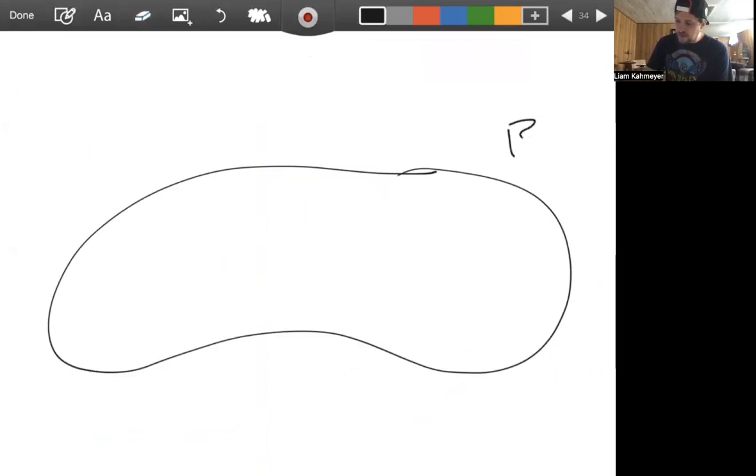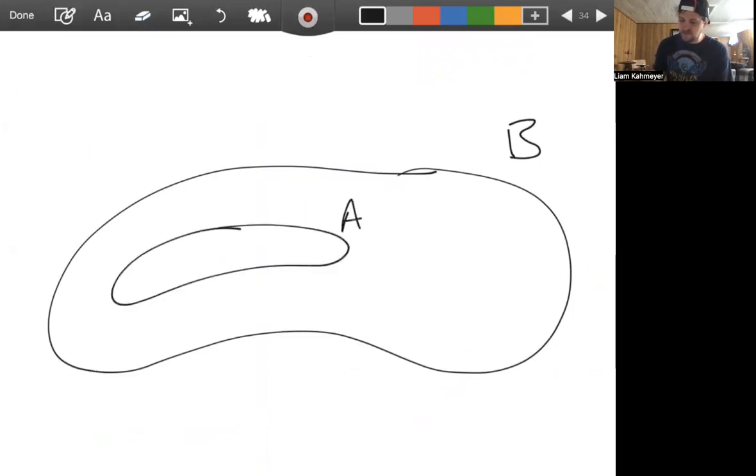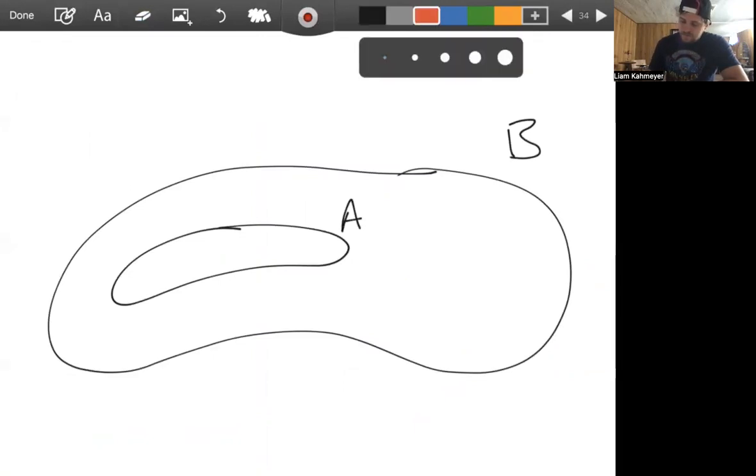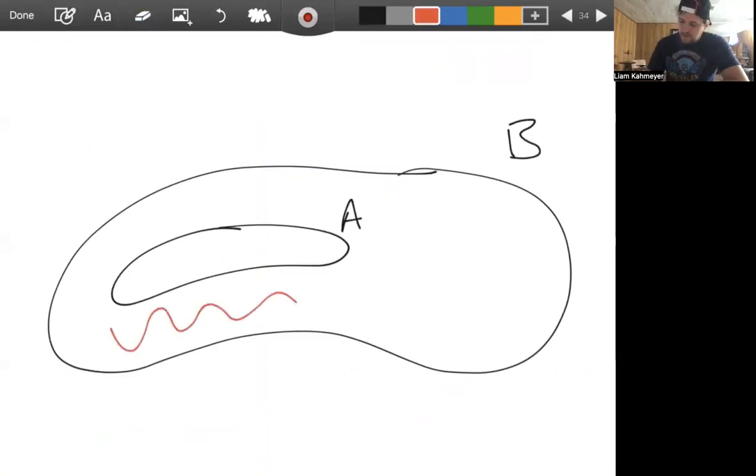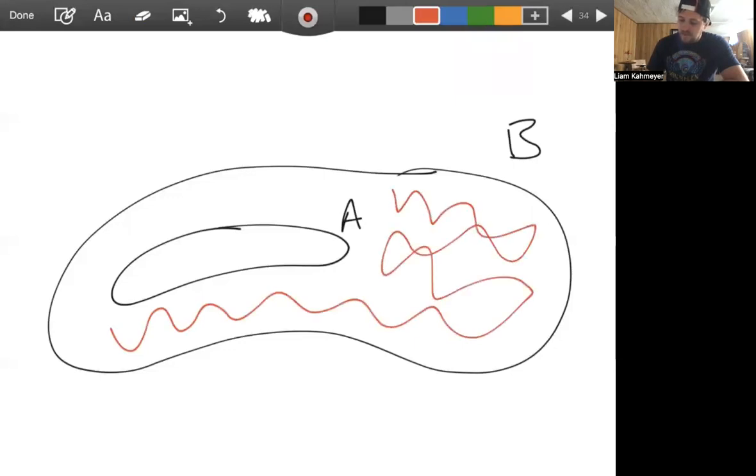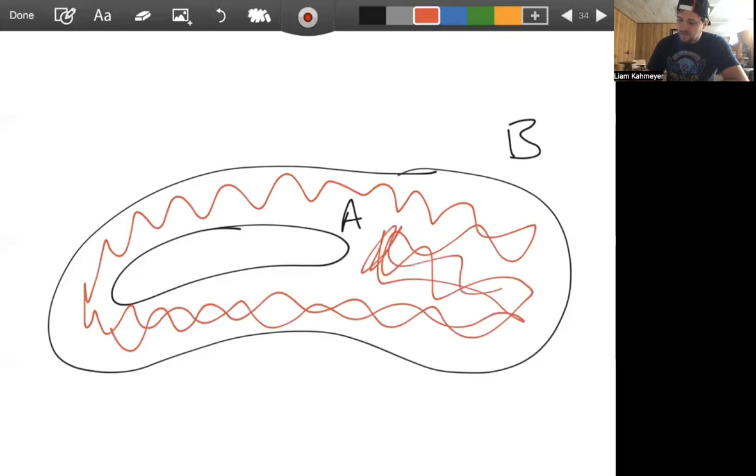Here's the set B, and here's the set A. Say these are subspaces of R2 here. Then the complement of A in B is everything in B that is not in A. So that's all of these points, right?